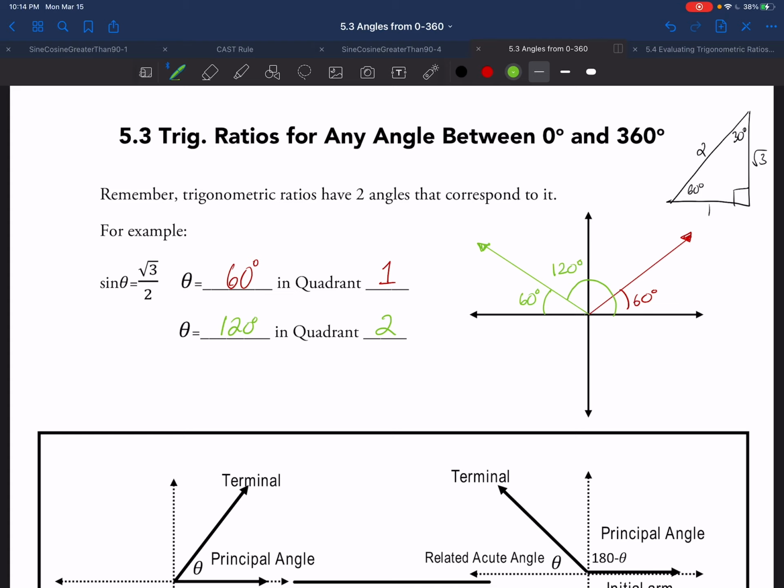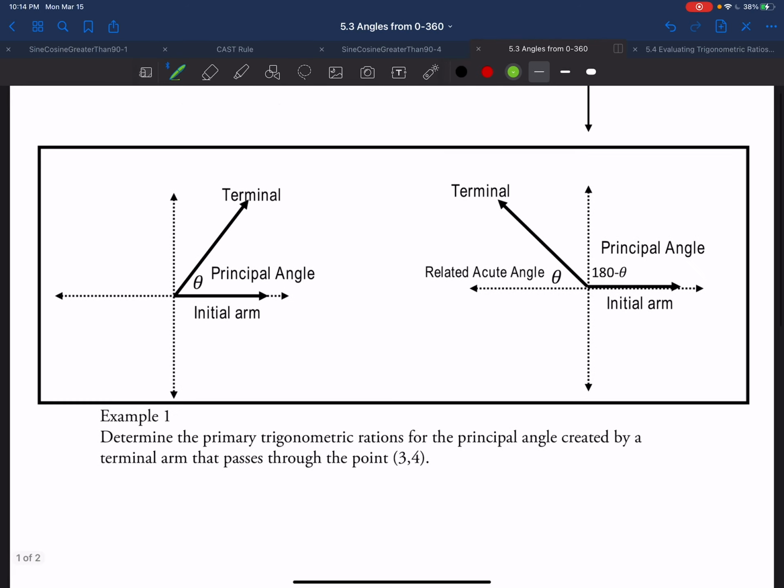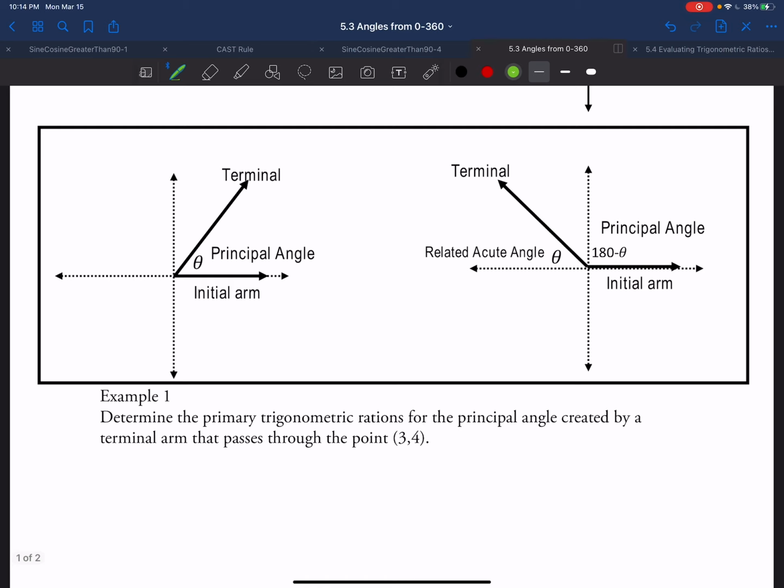So if you type in your calculator sine of 60, you get root 3 over 2. If you do sine of 120, root 3 over 2. So we're going to get some terminology here that we've got to define a little bit: the initial arm, principal angle, and terminal arm.